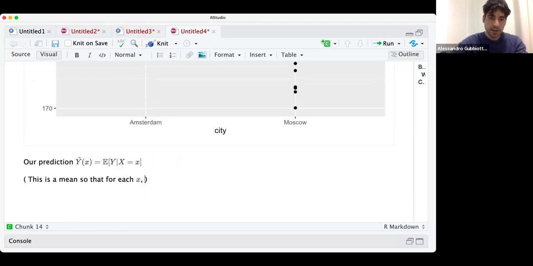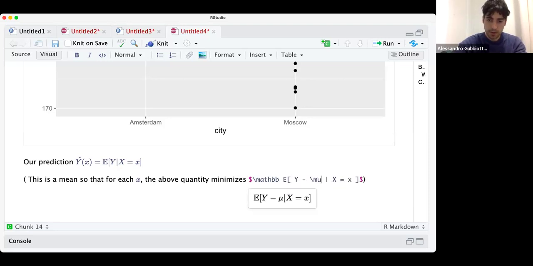So for each x, this quantity minimizes the above quantity, the square, among all the mu.